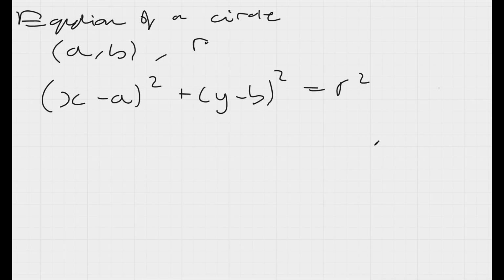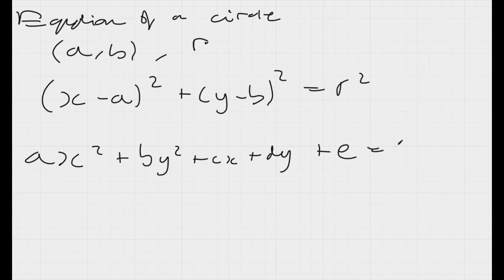Oh, there is also this. You can also get it in the format ax squared plus by squared plus cx plus dy plus e equals 0.